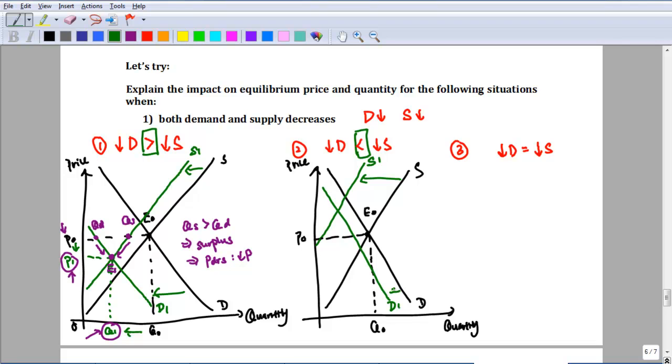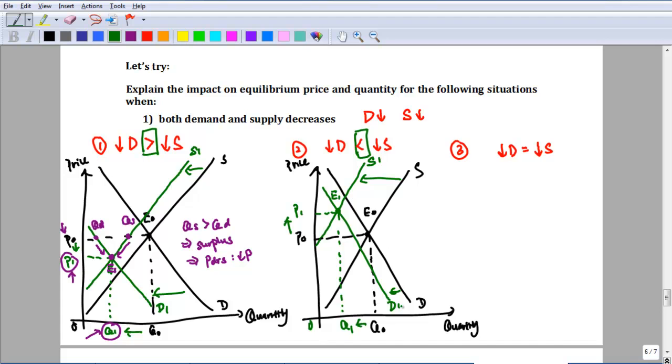From this diagram, you can see that the two curves intersect at this point here. So this is your new market equilibrium point E1 with the market equilibrium price of P1, market equilibrium quantity Q1, correct? So you notice that your equilibrium price has increased, equilibrium quantity has decreased.